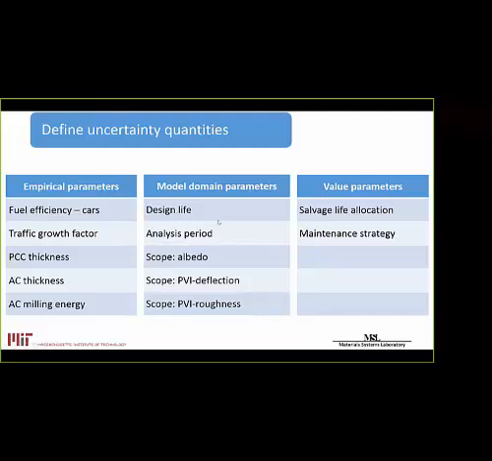If you wanted to look at a lot of different model domain parameters and value parameters for a particular analysis, and each one had multiple values, that's what I mean when the scenario space expands rather rapidly. That's where I think design of experiments techniques could be used to help you analyze. Maybe I don't need to analyze every single one of those scenarios, but rather I'm just going to analyze a strategic set of them, and I'm going to determine that using design of experiments.